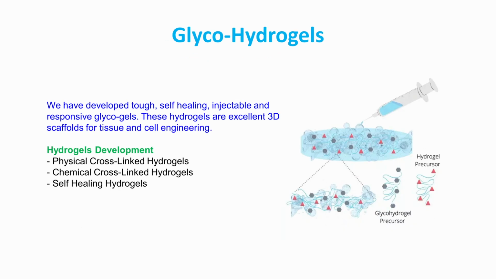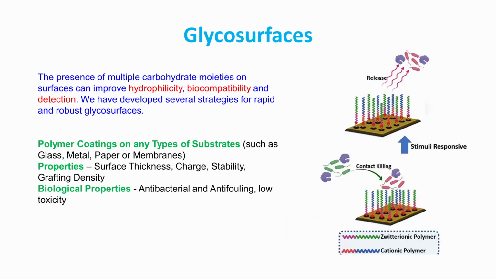We have also done quite a bit of work on developing hydrogels, glycohydrogels, for cell encapsulation and tissue engineering. I'll give you one example of that as well. And we have developed different strategies to make glycosurfaces, mostly for antifouling and antibacterial surfaces.